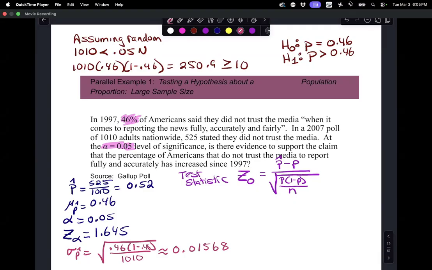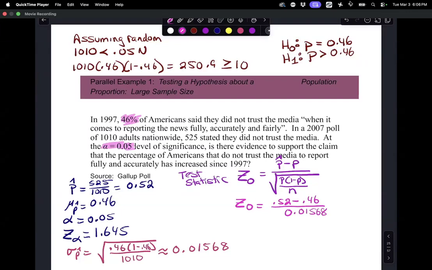Let's calculate that test statistic. Pink is good. Let's go with pink. Okay, so I have Z naught equals my p hat 0.52 minus the p given 0.46 divided by 0.01568.